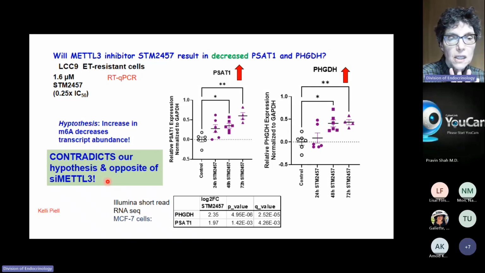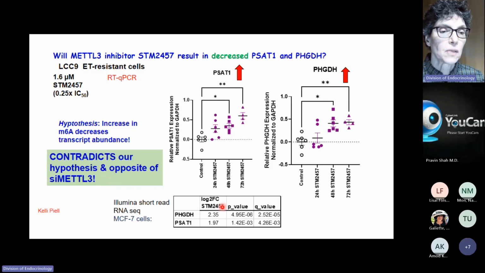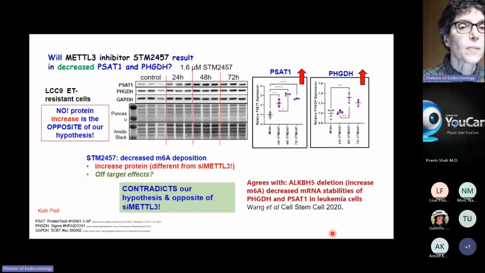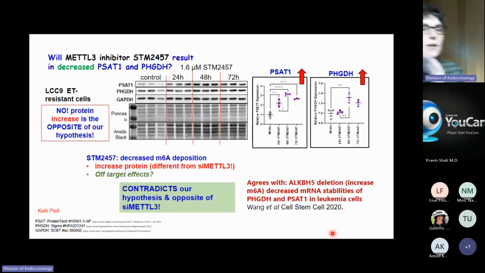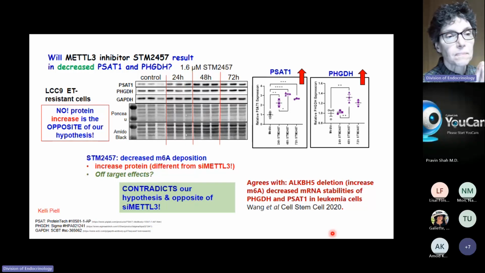And what we can see here is an increase in PHGDH and PSAT1 in the MCF7 cells treated with STM2457. So these data are in agreement with what we see in the RNA-seq data. Well, what about protein? Same thing. We see an increase in protein with the STM2457. So it's opposite of that SI-metal-3.